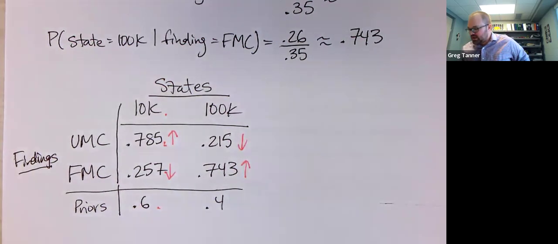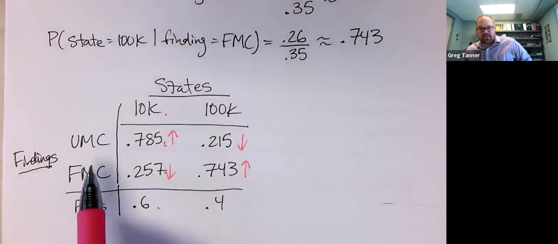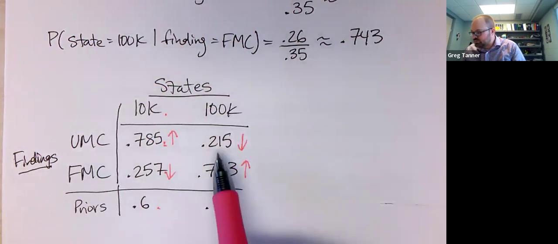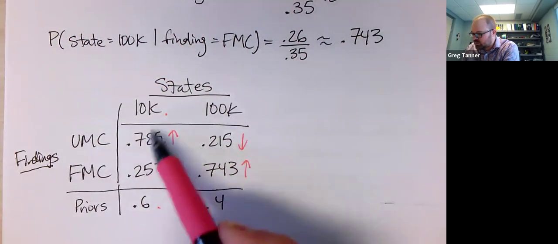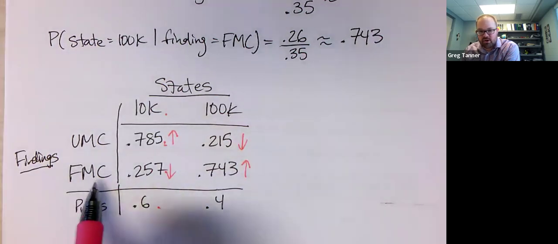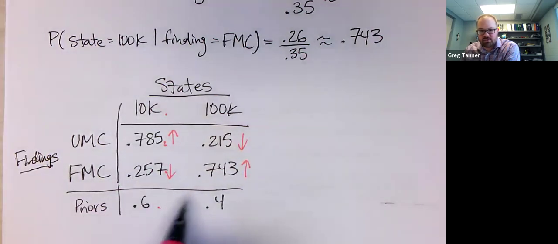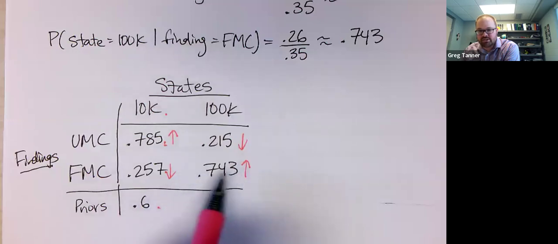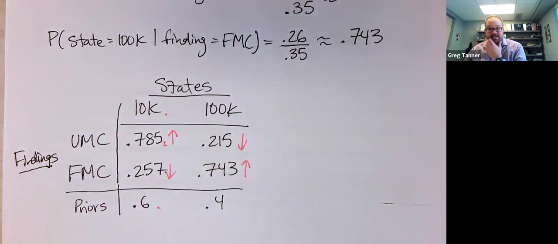Unfavorable market condition information moves our priors more towards selling 10,000 computers. When there's a favorable market condition, it moves our priors more towards having more probability on selling 100,000 computers. It doesn't move all the way to 100%, 0%.